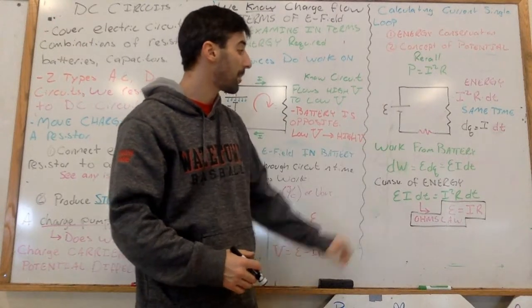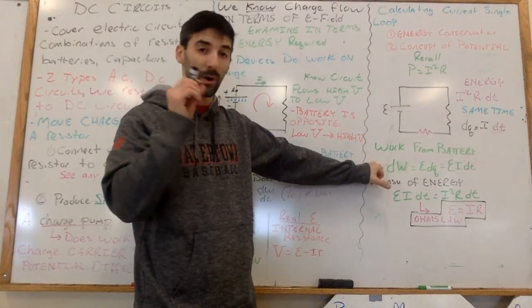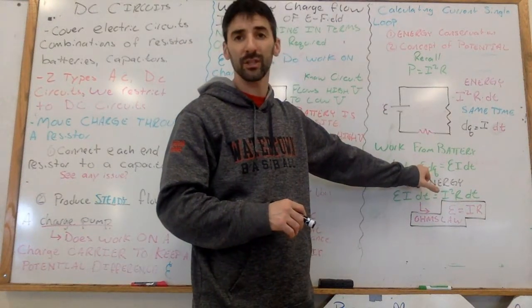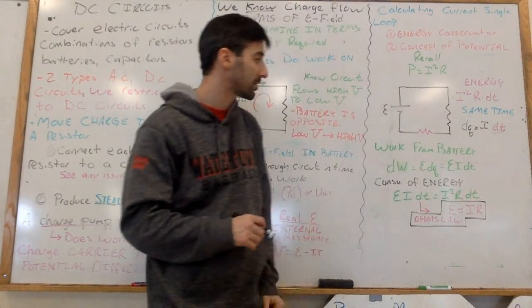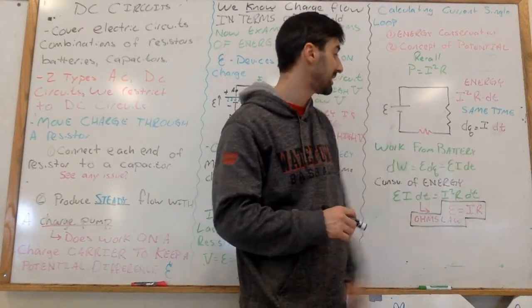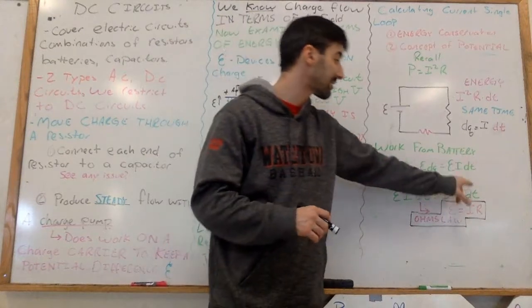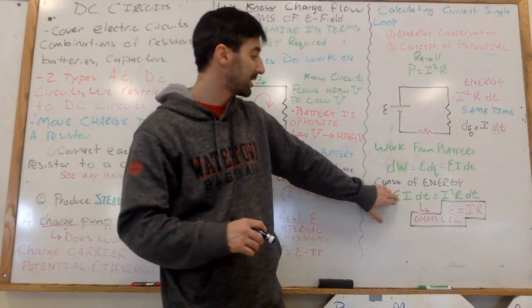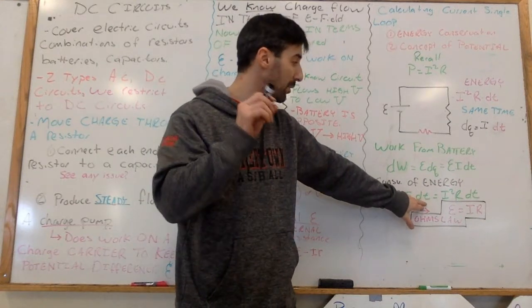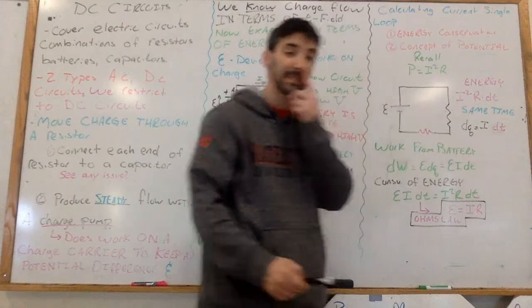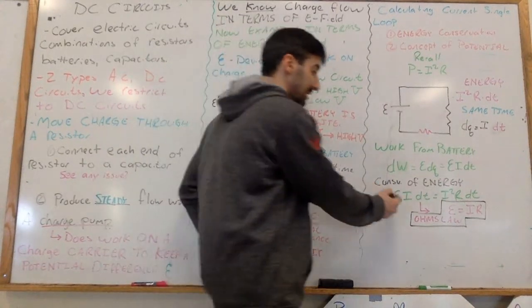The work from my battery, my very small change of work, is my potential times my charge dq, or it's equal to my potential times I times dt. Now, applying conservation of energy here, my voltage times my current times a very small amount of time is equal to the power, I squared R, times that same amount of time.